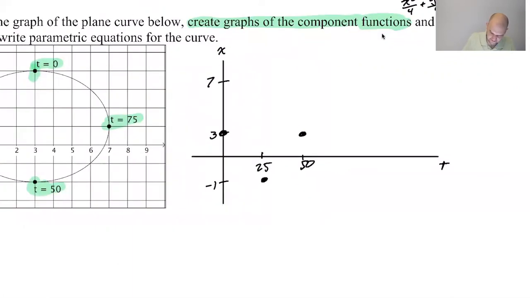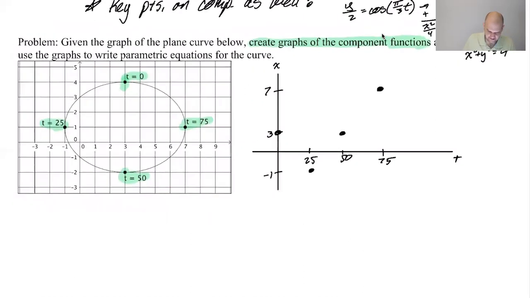Let's say 7, 75, we're up here. And then, if you had to guess, you would say definitely 100, because t is going by 25s. And when you get to 100, you should have gone t equals 0, 25, 50, 75, 100. So we should be back at 3.